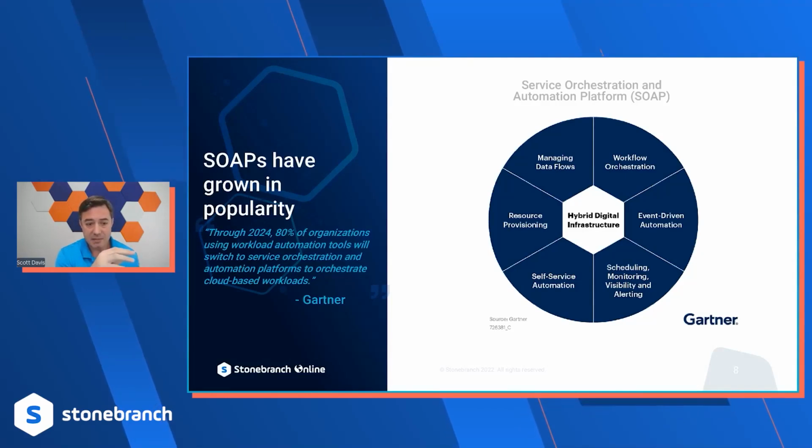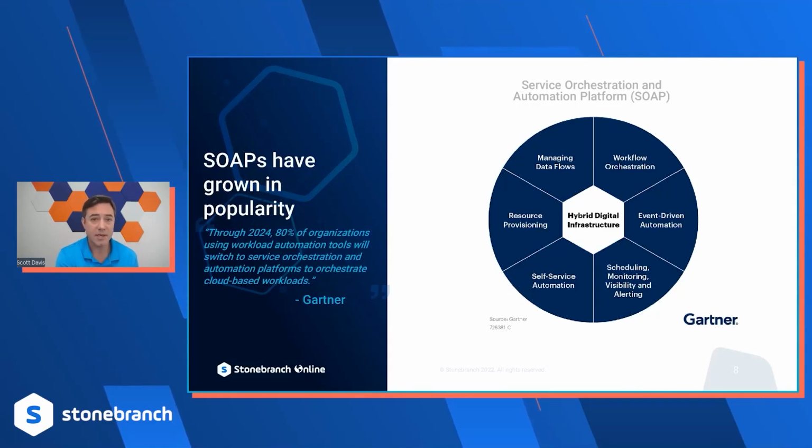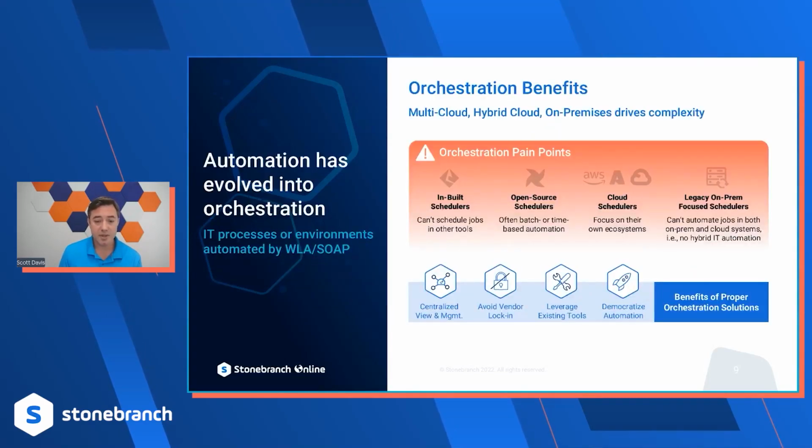And so SOAP was born, and there's a category of solutions out there that are included in this SOAP moniker, and Stonebranch's Universal Automation Center is one of them. So what can you do with a SOAP? With our Universal Automation Center being a SOAP, really you get to this orchestration benefit.